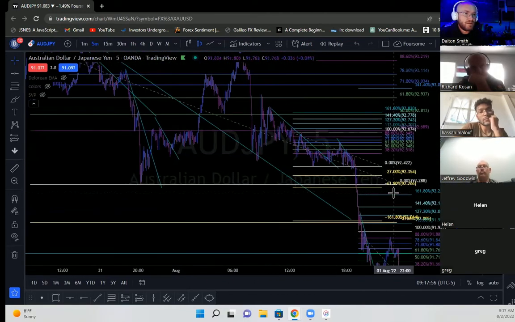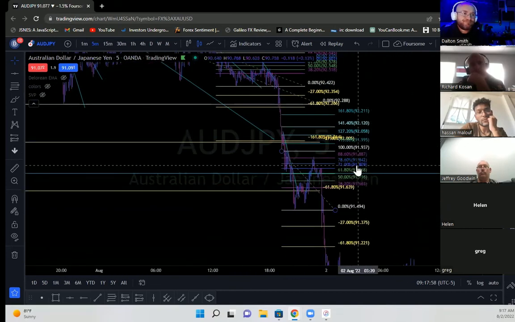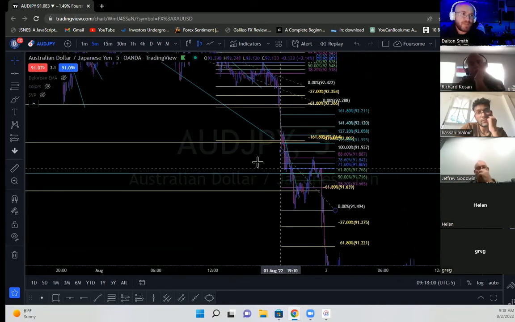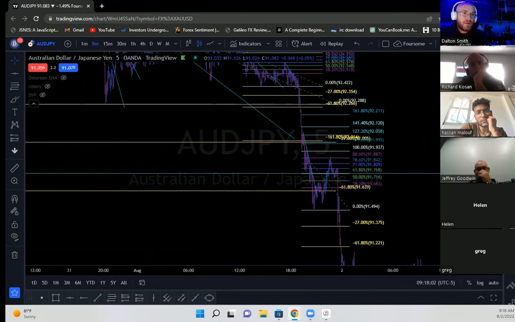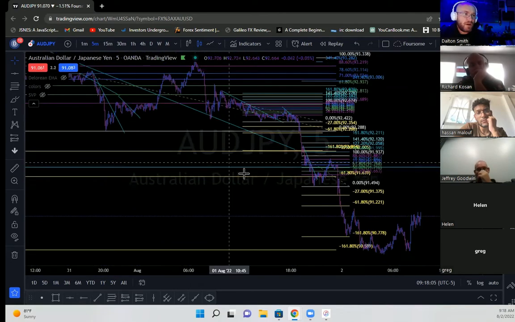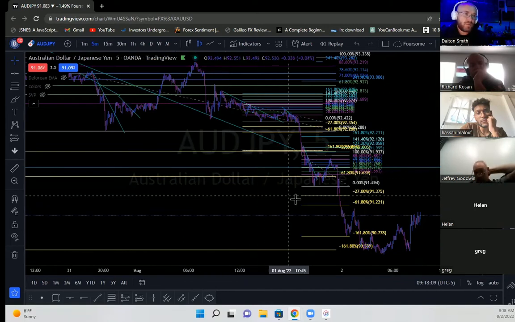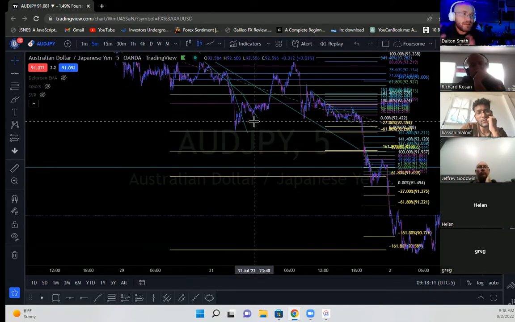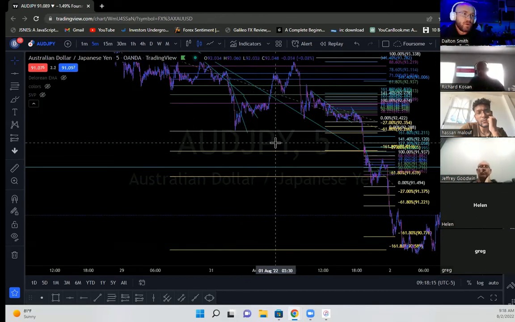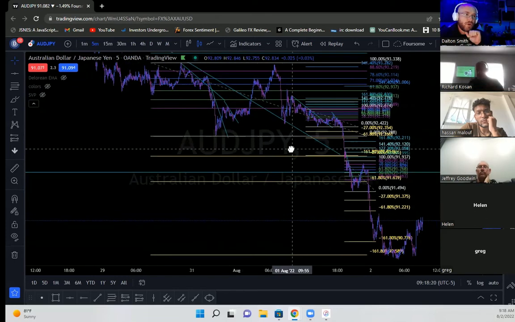So it can be any kind of high on the way down. It doesn't have to be the latest, the highest high. It just depends on which movement you're following. It's literally everywhere, and it just depends which one you're going to follow.